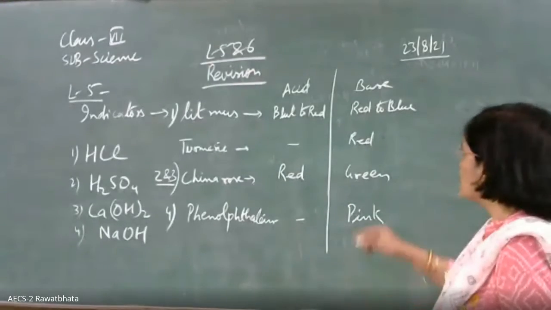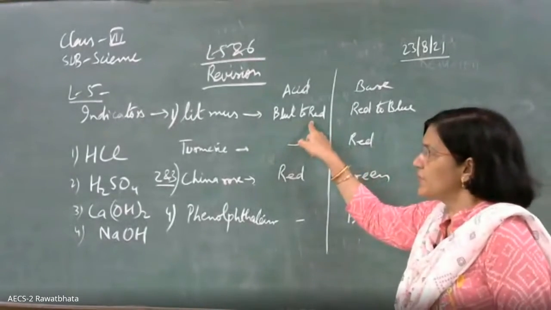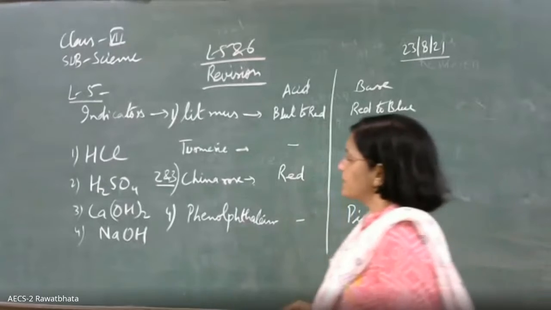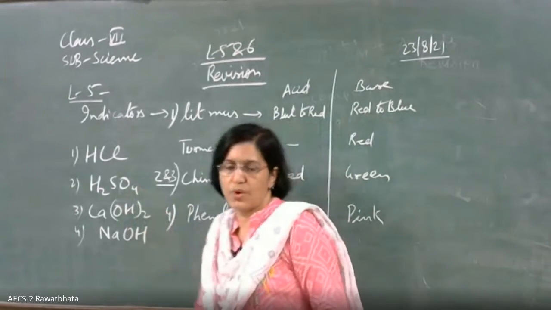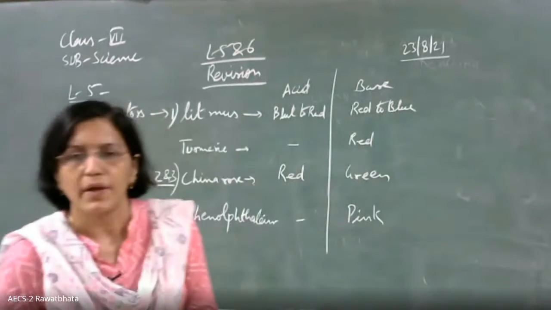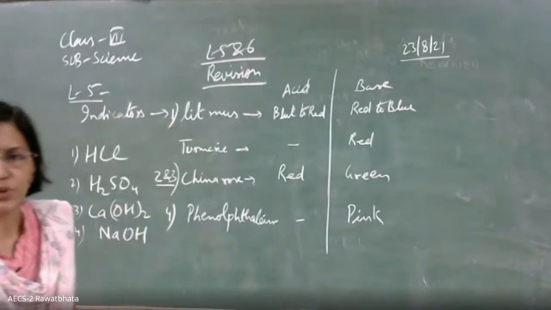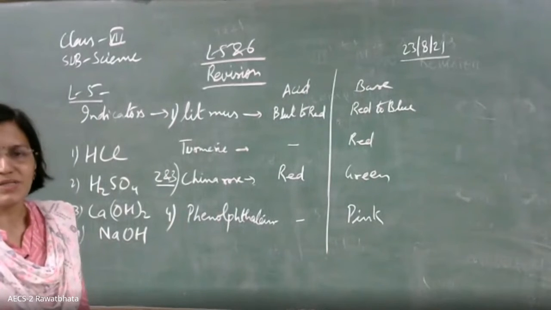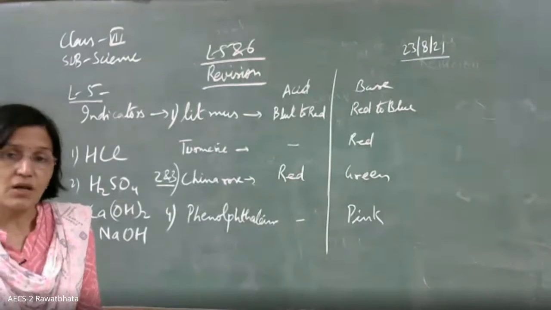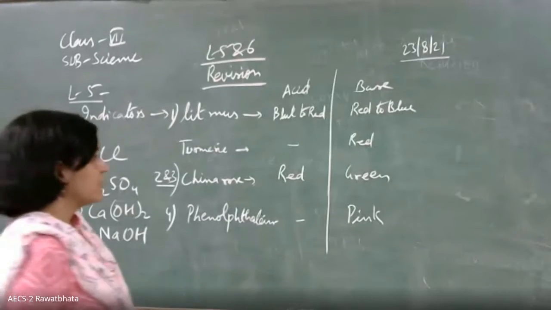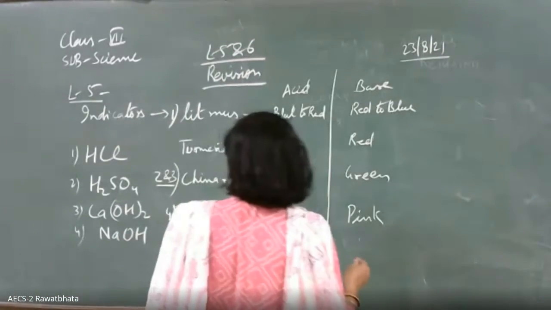Yes, it is going to convert blue litmus to red. Next I'll be asking for H2SO4. Utkarsh, what is this H2SO4? Ma'am, I don't know. Sulfuric acid. Let me write their names also here.